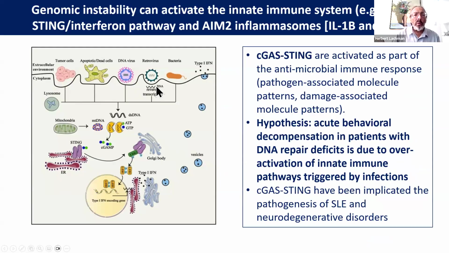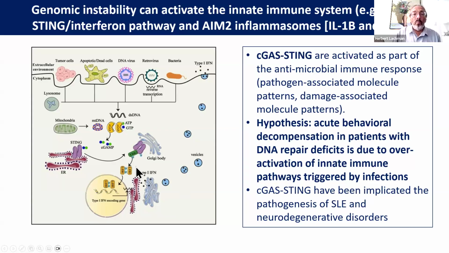cGAS-STING is a pathway activated by viral infections and other types of infectious disease stressors, and it leads to the production of type 1 interferons, which are the major players in the antiviral response. So when you get a COVID infection, the type 1 interferons go up, although COVID has outsmarted the immune system, and it inhibits type 1 interferon production.